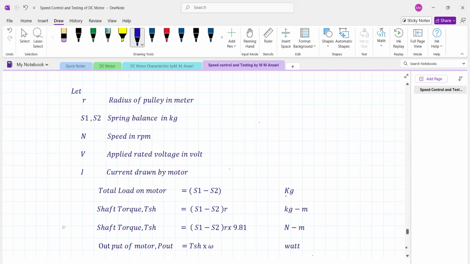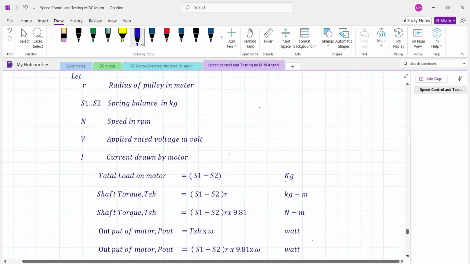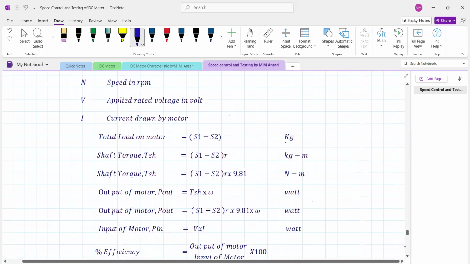So torque multiplied by angular velocity is nothing but the power output of the motor. As the torque is S1 minus S2 into radius into 9.81, this much is the shaft torque, multiplied by omega. This is nothing but the motor output in watt.